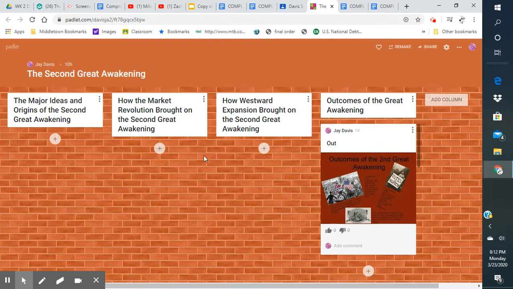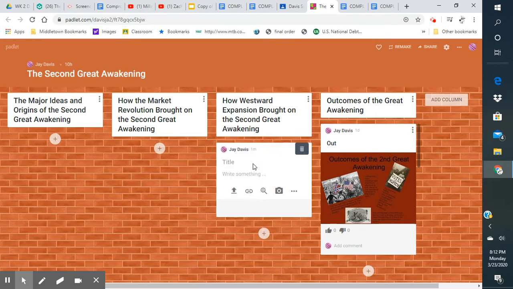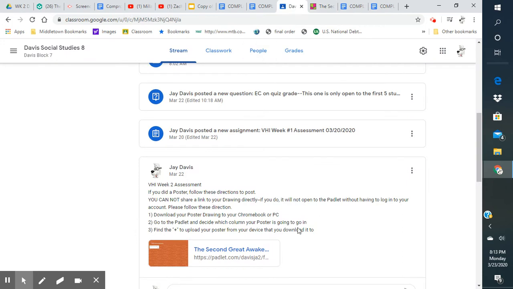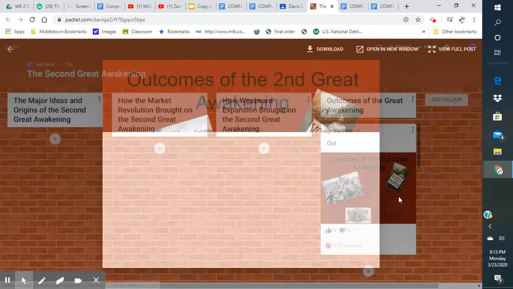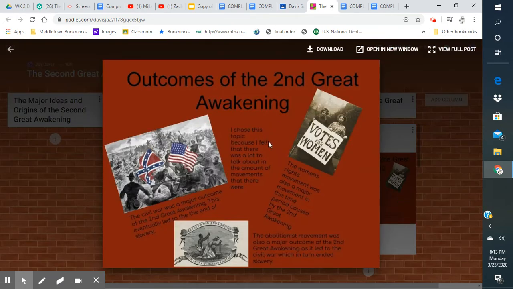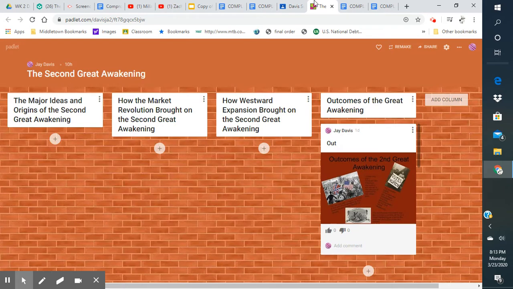You go into the correct column and you hit this little plus sign, and then you upload. That is why when I gave you these instructions, I told you that you need to first download your poster to your Chromebook. Then you can go to the Padlet and upload it. Once you upload it, it will look something like this. And so we can then go on here and take a look at the different wonderful posters.